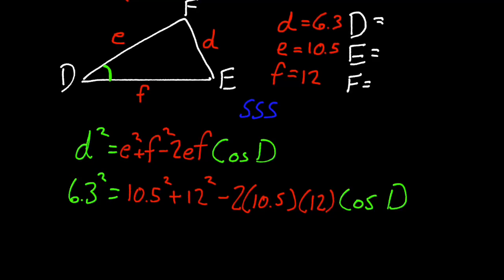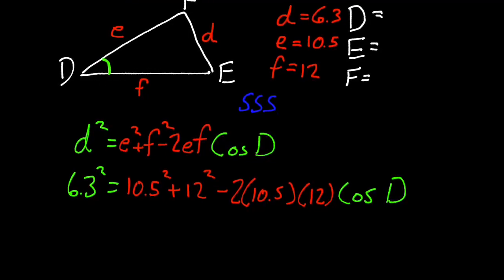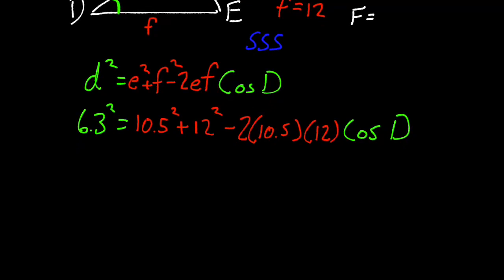So let's type into our calculator 6.3 squared, and we get 39.69. I'm not going to round that because I don't need to right now. It equals 10.5 squared, which is 110.25.